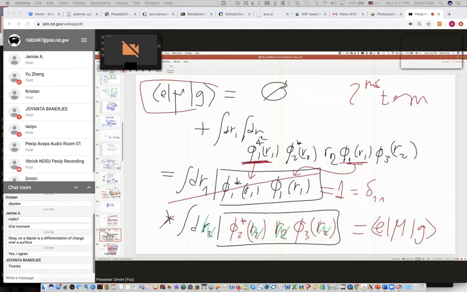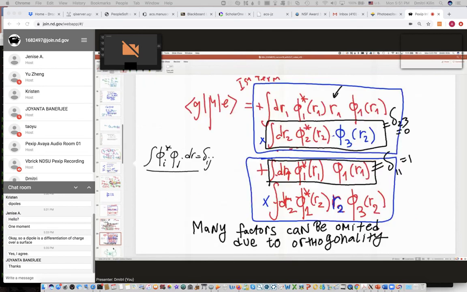The first integral became 1, and the second one is just the integral of this initial R1 to final R3.